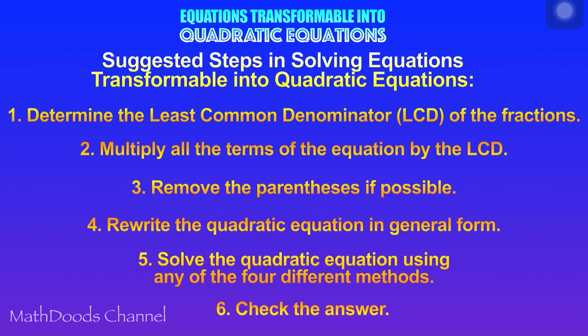And then, yung number 6, check the answer. Kasi merong solution, merong extraneous roots, no? Pag sinubstitute mo doon yung value ng x sa original rational equation, pag hindi sila nag-equal, yun ay extraneous root.